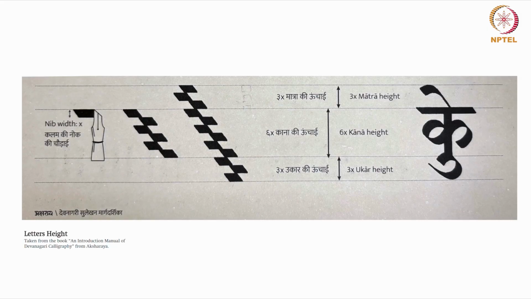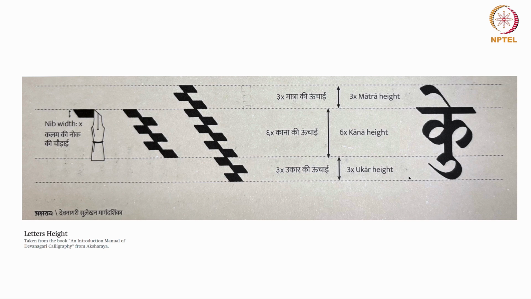Now, to construct Devanagari letters, there are different proportions in which letter strokes and letter heights are connected. One of the basic letter proportions is 3:6:3. If the thickness of your nib is this much, then 6 times this will become the body, which is called kana height, then 3 will become the matra height, and then 3 will become the ukar height, which is the bottom matra.